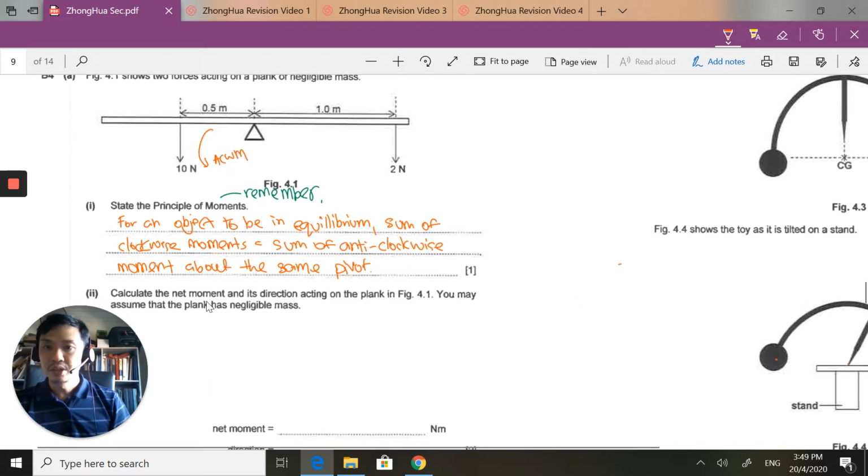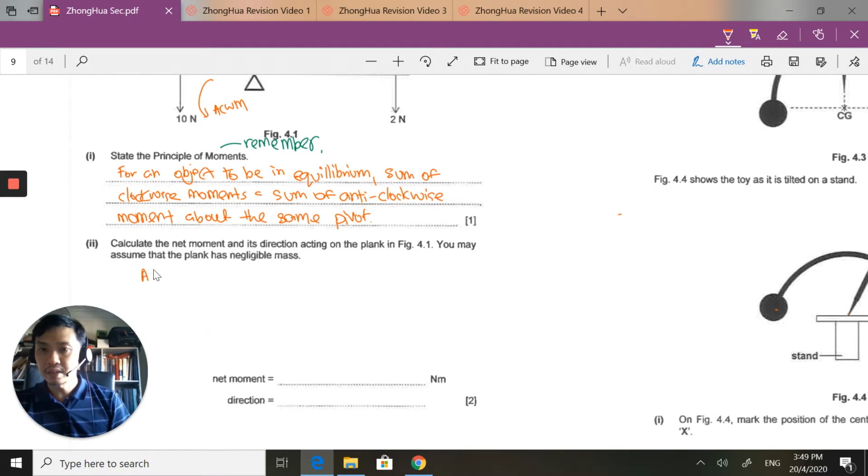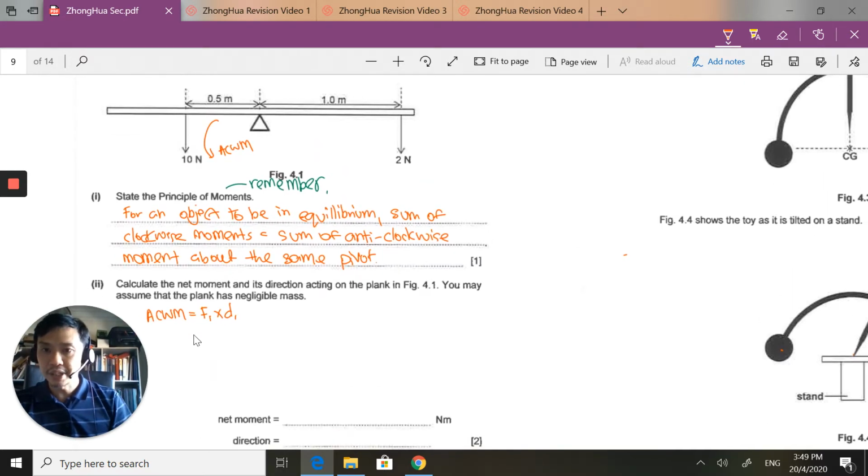My anti-clockwise moment, I have to take F times the perpendicular distance. So the force is 10 Newton, and I have to multiply the perpendicular distance, which is 0.5 meters. So this will give me 5 Newton meter.